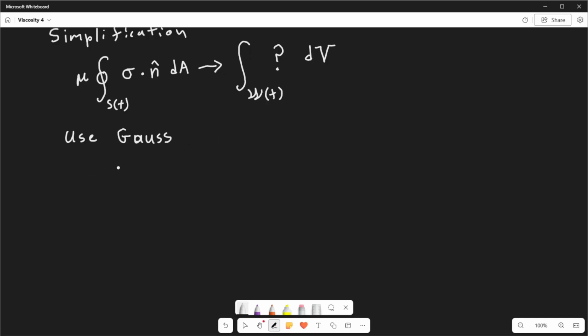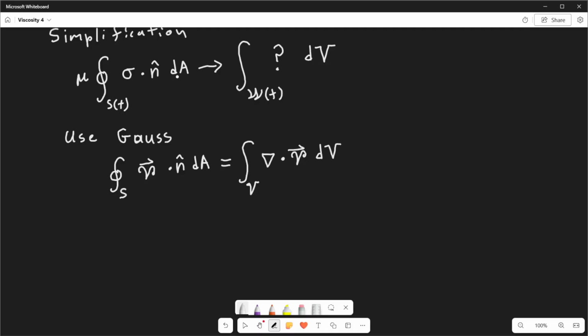Gauss's law in general says that if there's a surface integral of some kind of vector field dotted with n hat dA, this equals the integral over the volume of the divergence of the vector field times dV.